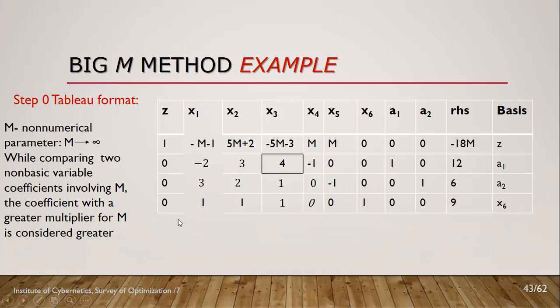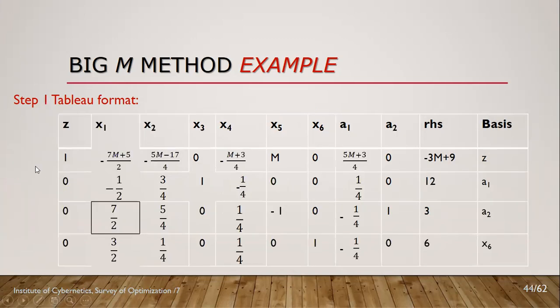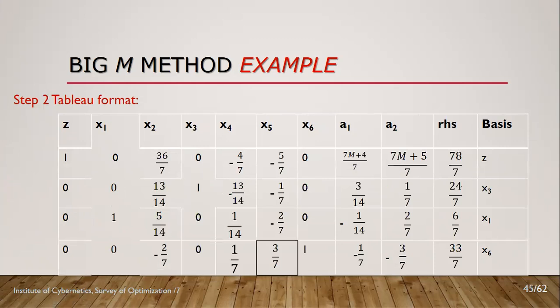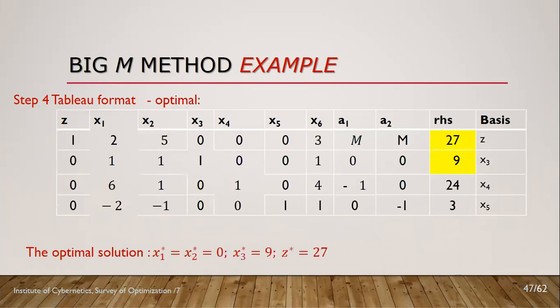By performing the traditional Simplex method and going through step 1, step 2, step 3, step 4, we come up with the optimal tableau. It is optimal because all the coefficients are non-negative here.